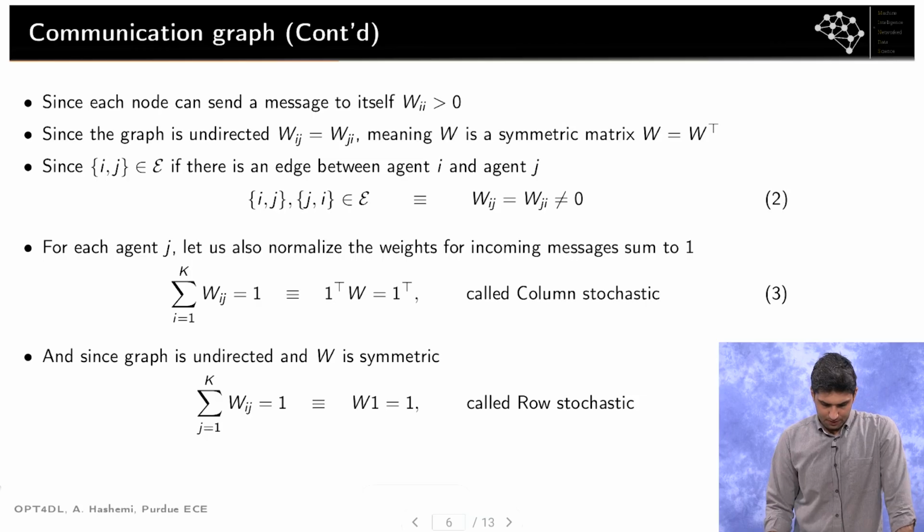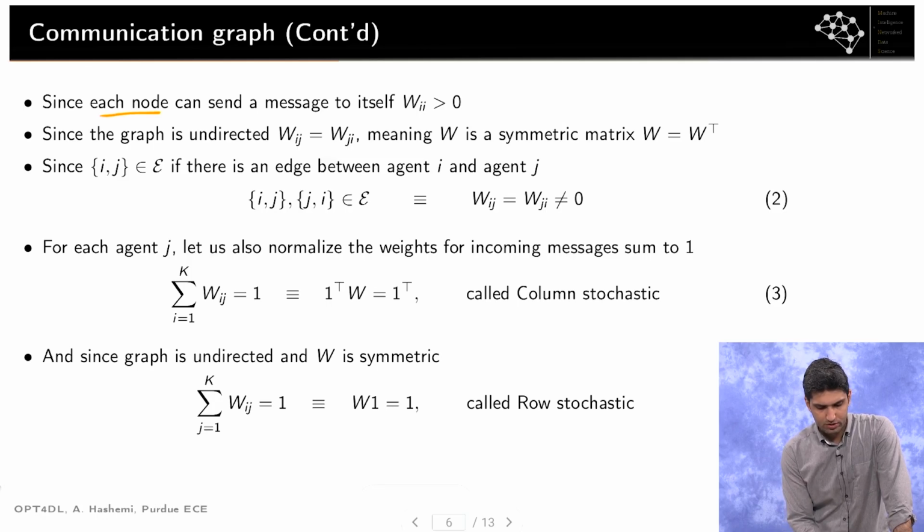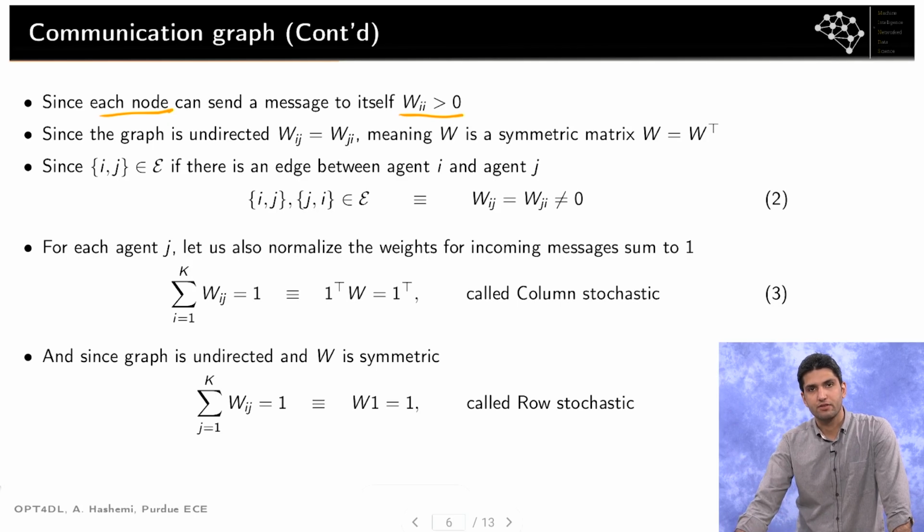So let's see what the implications are of the assumptions we've made, for instance, in terms of the undirectedness of the graph, on this weight matrix. First of all, as we talked about before, each node can send a message to itself. So the diagonal entries of this weight matrix have to be strictly positive.